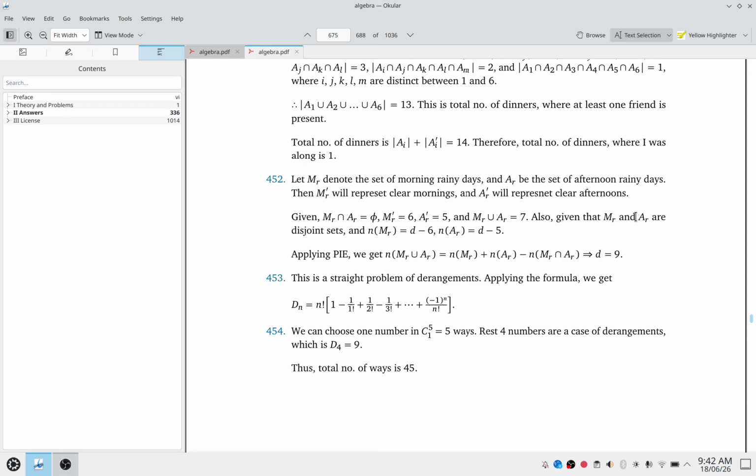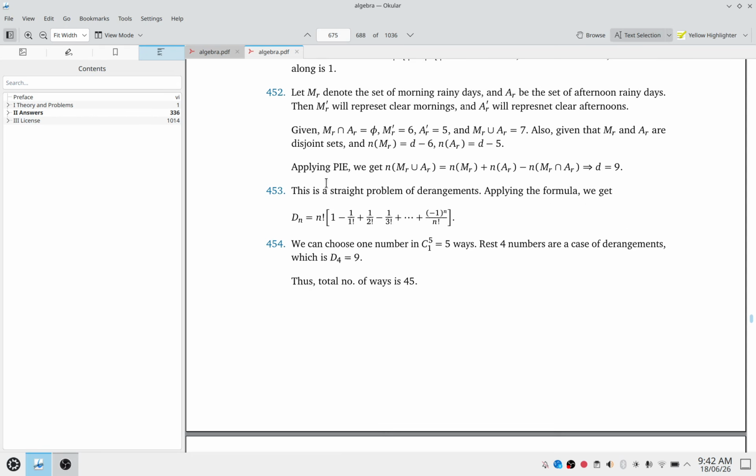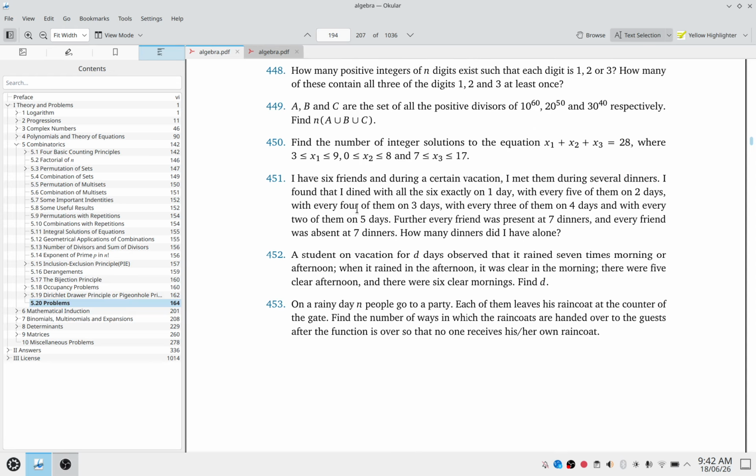Also given that MR and AR are disjoint sets, and n(MR) is equal to D minus 6, n(AR) is equal to D minus 5. Applying the principle of inclusion and exclusion, we have n(MR union AR) equal to the set theory formula, which means D is equal to 9.